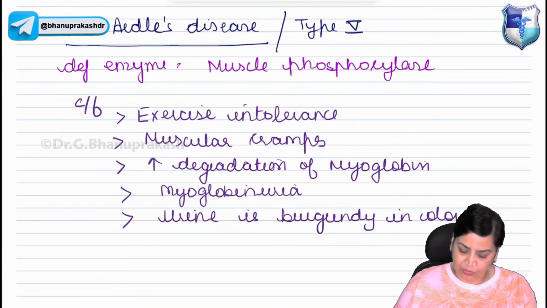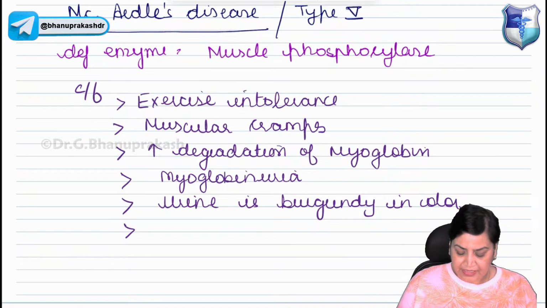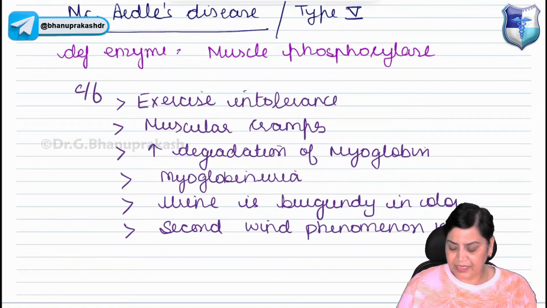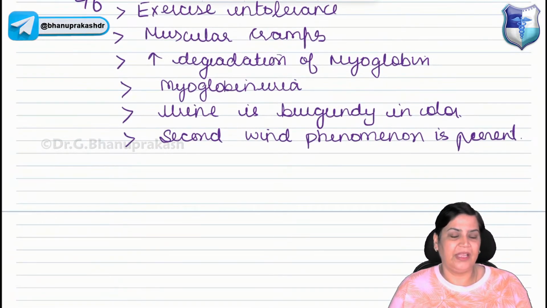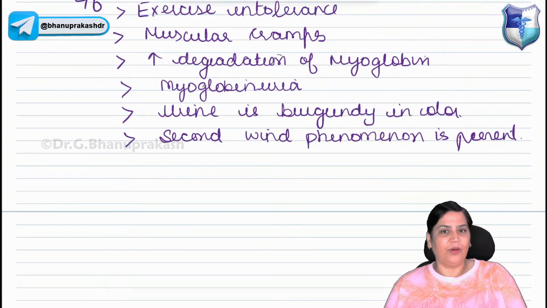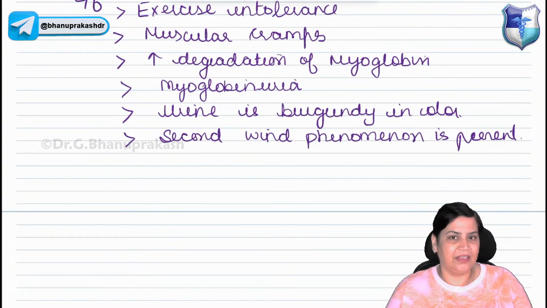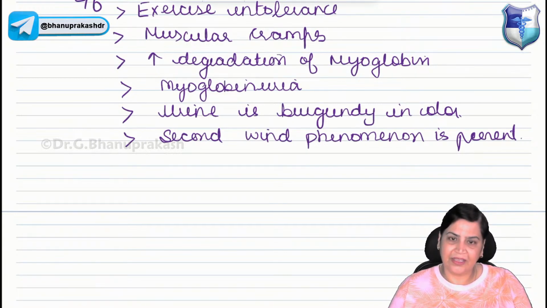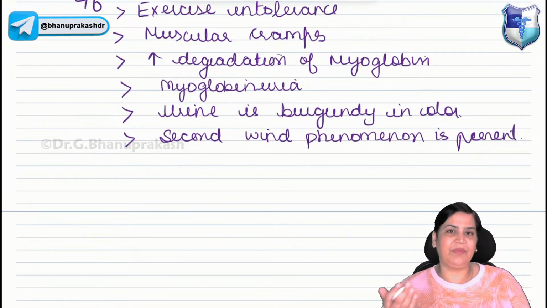And one more thing here: the second wind phenomenon is present. I'll just explain it to you. Suppose you are getting fatigued after performing exercise; you will relax for some time and then start exercising again. In McArdle's disease the same thing happens.